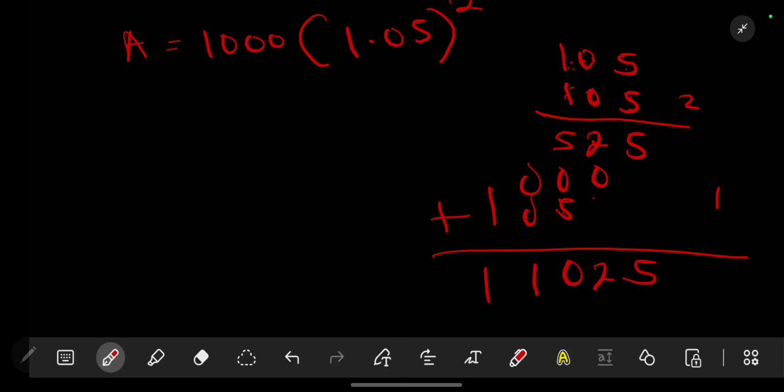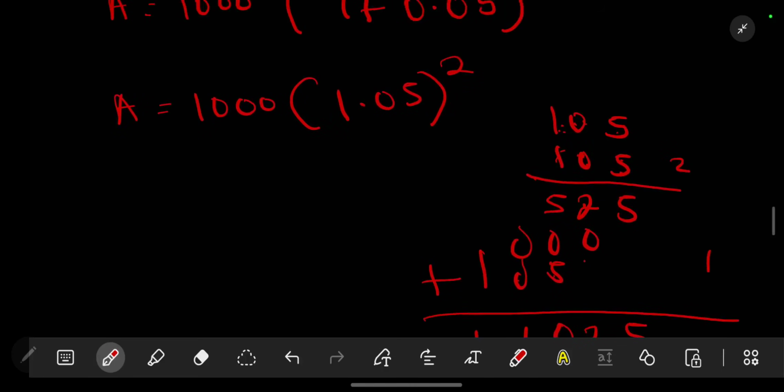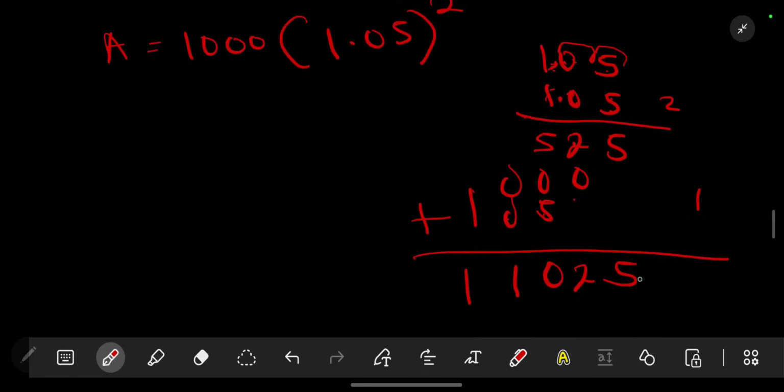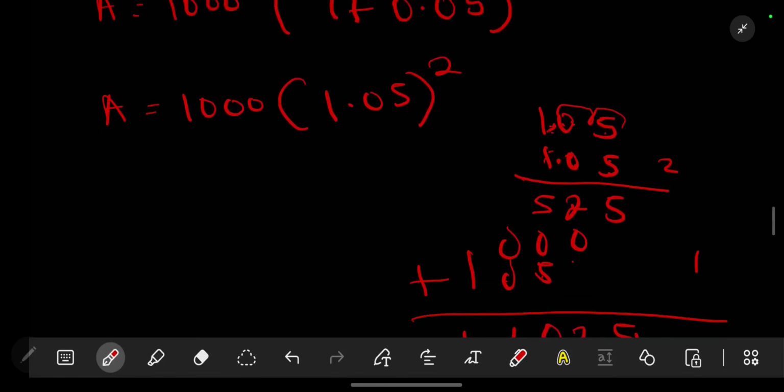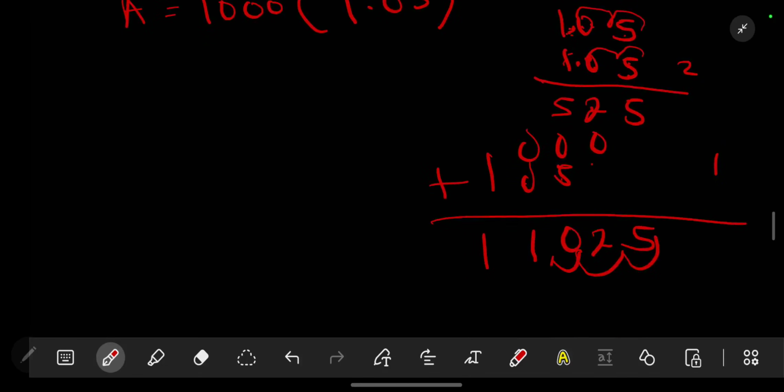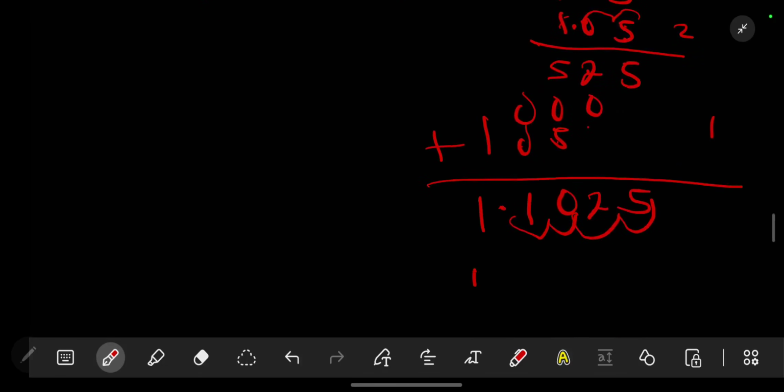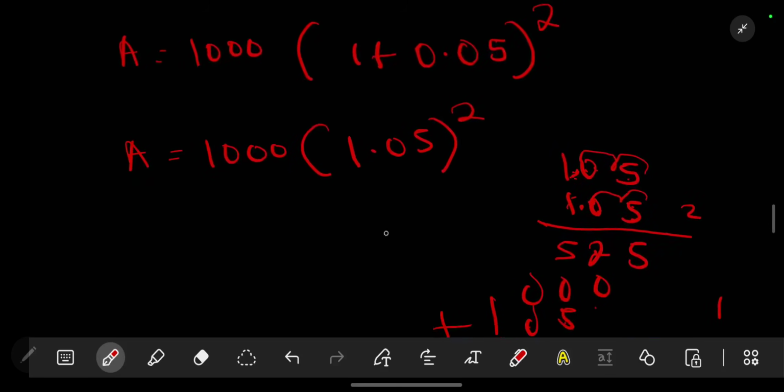So what we are going to do is that since the decimal point was here, 2 numbers before the decimal point, we have to move 1, 2 for the first number and also 1, 2 for the second number. So it will be like this. So this is the value: 1.1025.